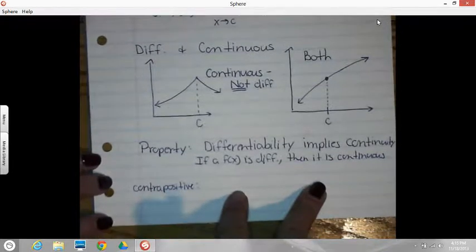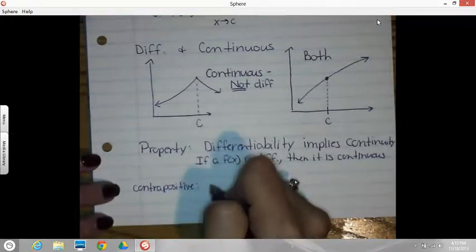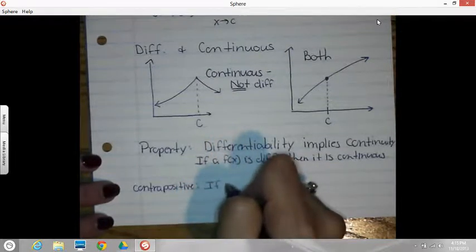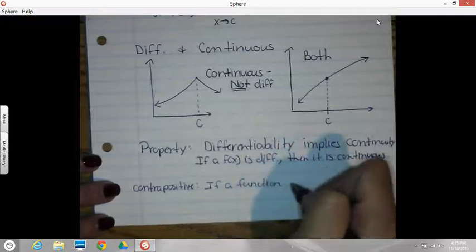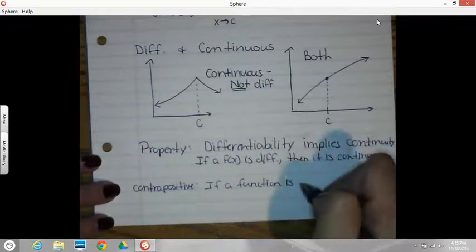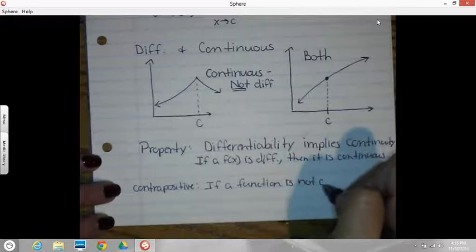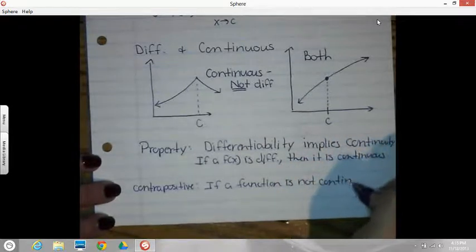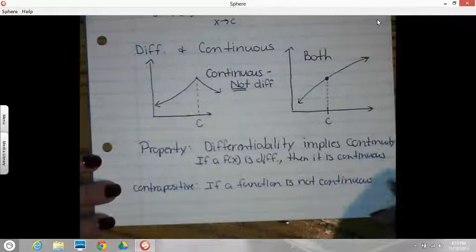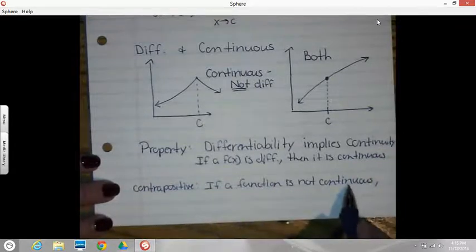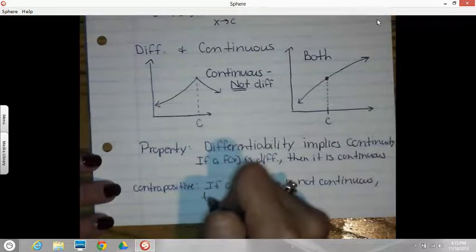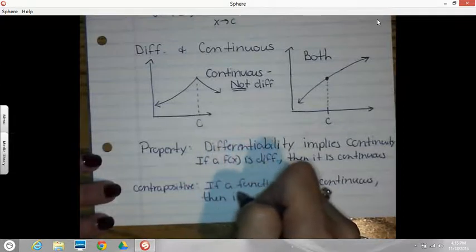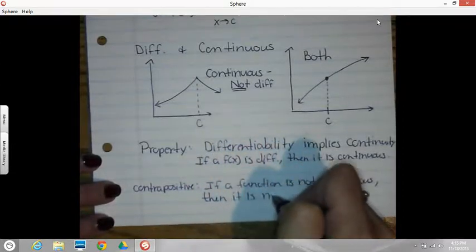So the contrapositive to this would be if a function is not continuous, so remember, not continuous means there's a hole in it or there's an asymptote in it, some kind of a break, a step. So if a function is not continuous, then it is not differentiable.